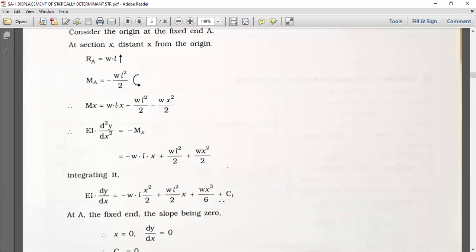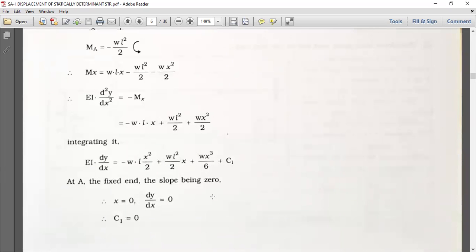Integrate it, we get EI dy by dx is equal to minus W into L x square by 2 plus WL square by 2 x minus W x cube by 6 plus C1, where C1 is the integration constant.